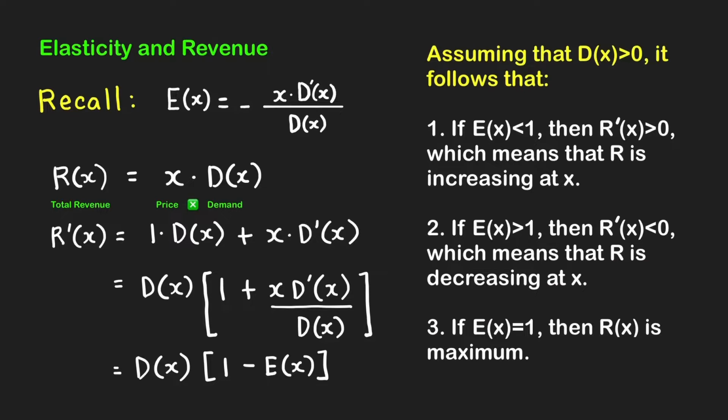Lastly, if the elasticity of demand at the price x is equal to 1, then we can conclude that the revenue is maximum at the price x. Let us illustrate these relationships between elasticity and revenue using a graph.